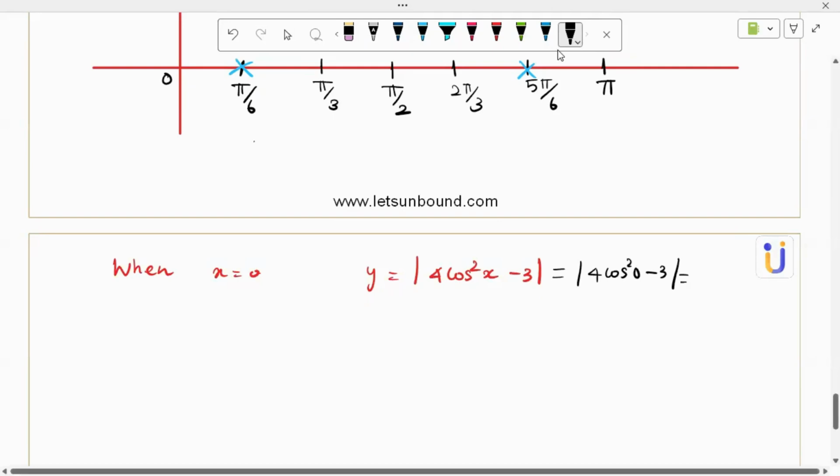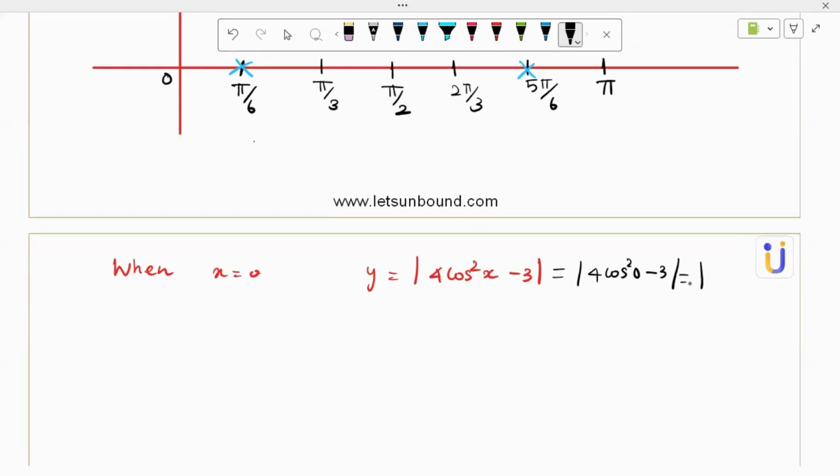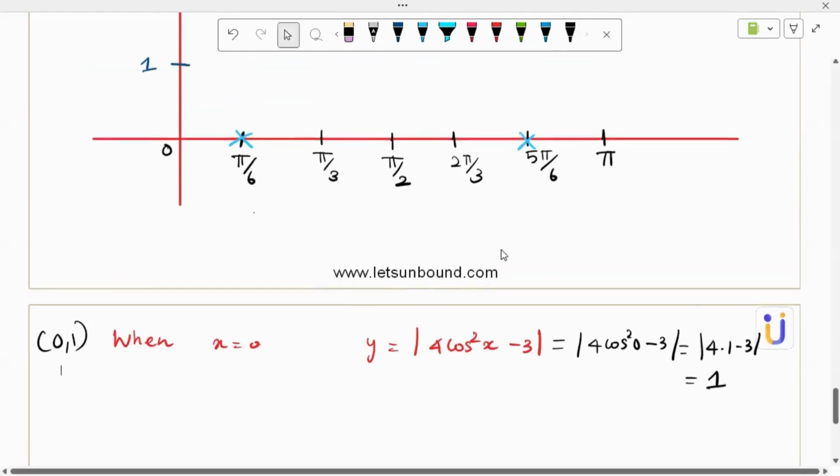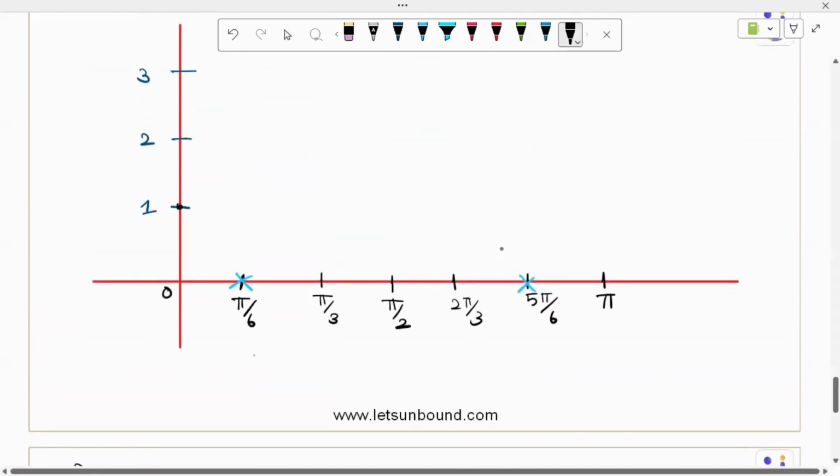Cos 0 is 1, right? So modulus of 4 into 1 minus 3, 4 minus 3, which is 1. So (0, 1) is a point. When x is 0, it is 1. We can mark that.